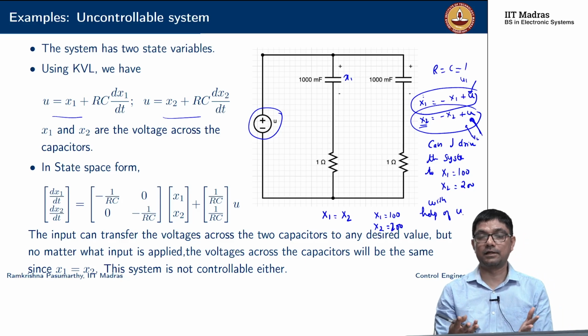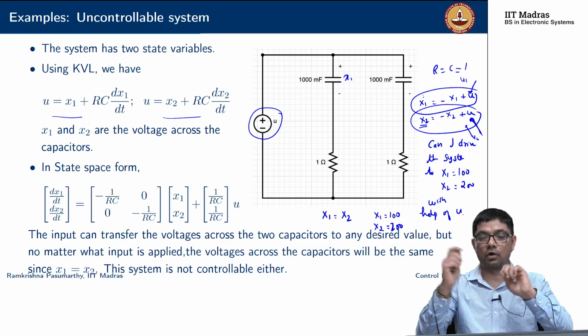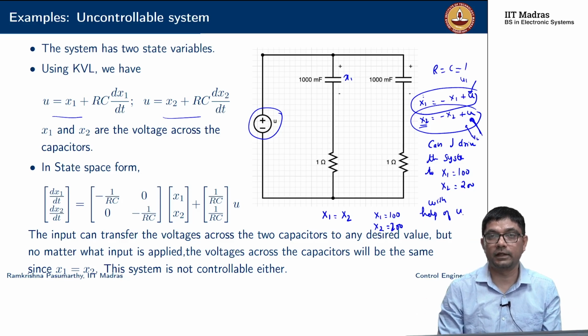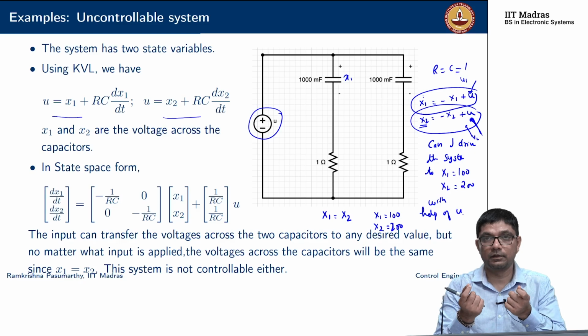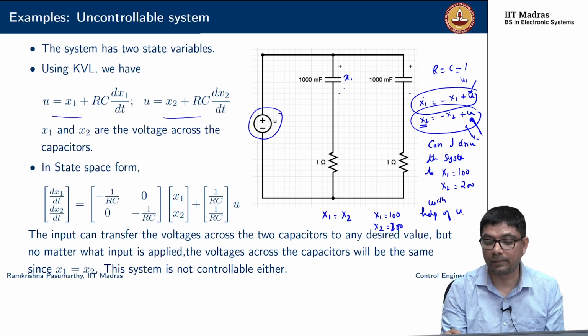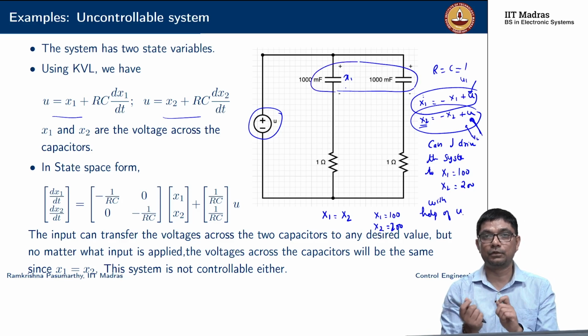When I say a system is controllable, I should be able to control all the individual states to as many desired values as possible. So here, even though I can move the system from a non-zero voltage to some voltage, I cannot move them independently. So these two will be at the same voltage. I cannot drive them to different locations.